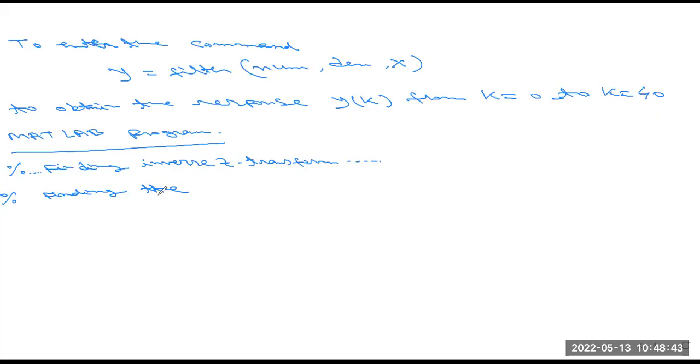That means for the inverse Z transform method we have to use this type of numerator and denominator function.